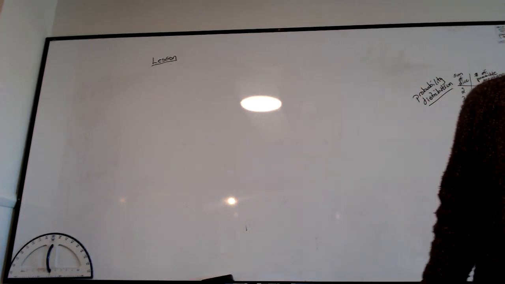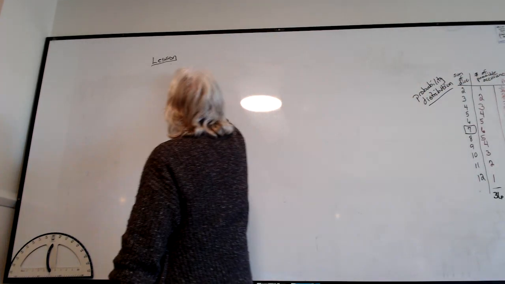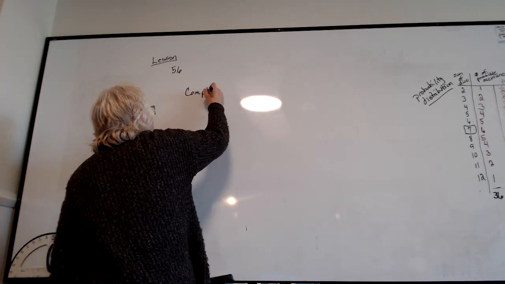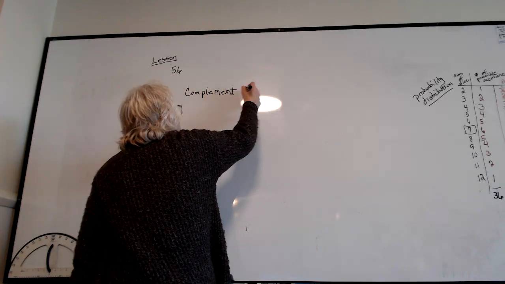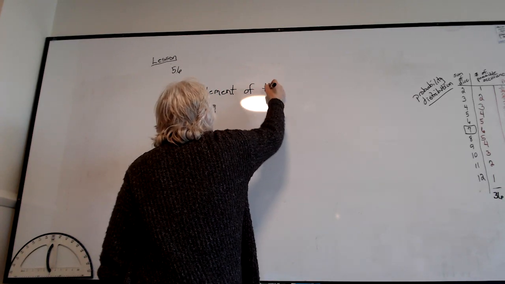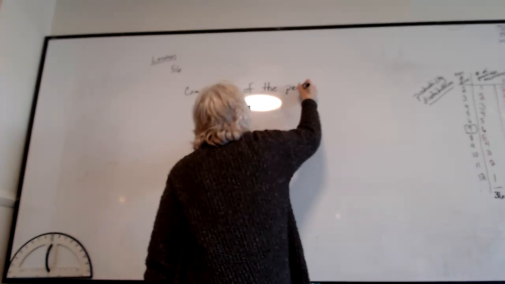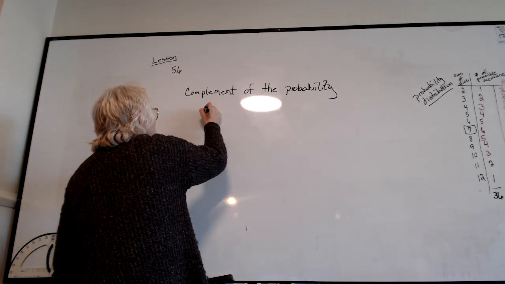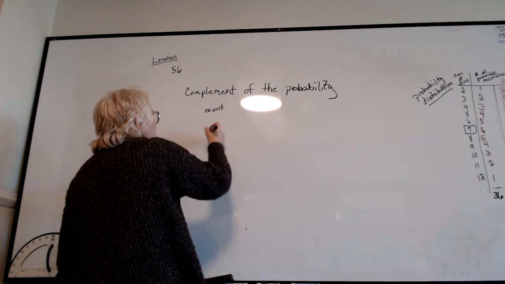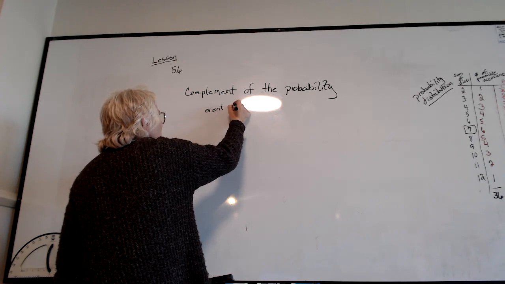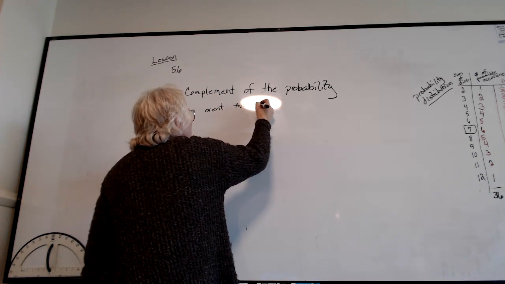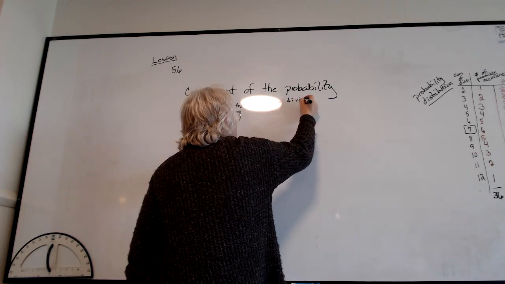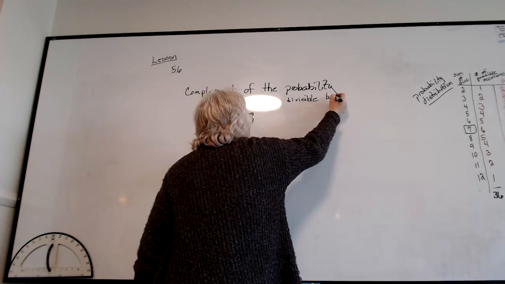Let's see, okay, so there's a couple other words from 5-6 that you need to know. The complement of the probability. Say the event we did was throwing a die divisible by 3.